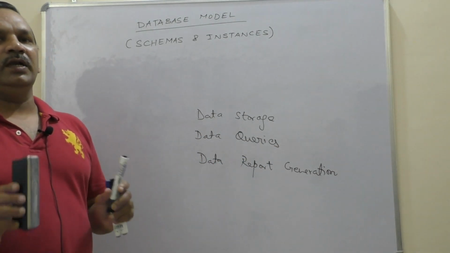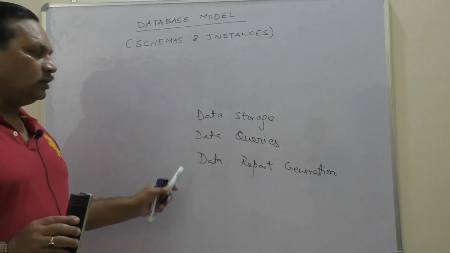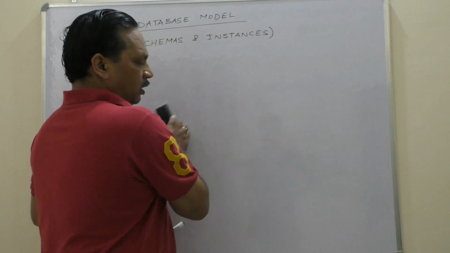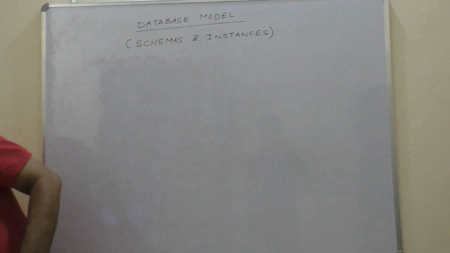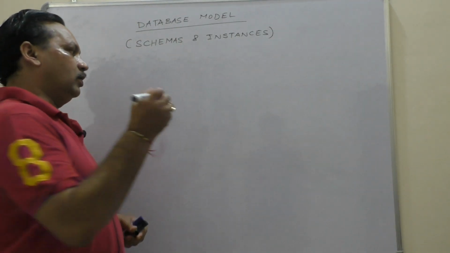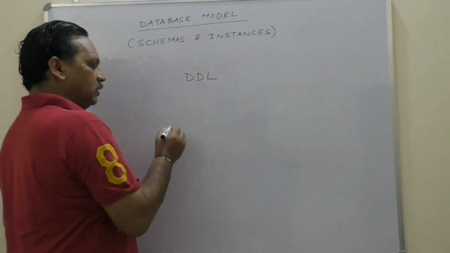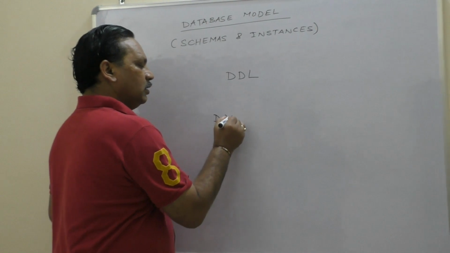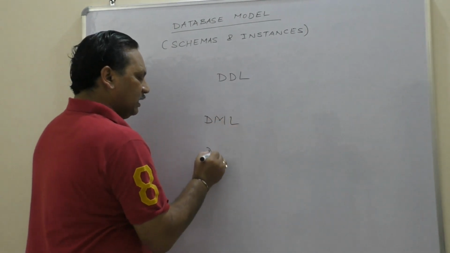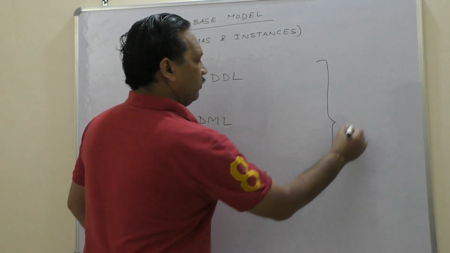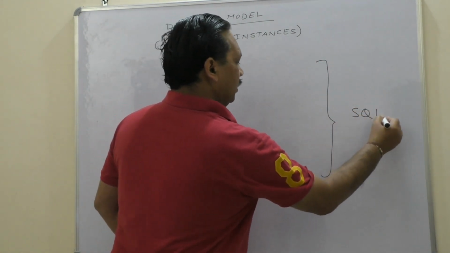Now one thing is very clear, that for doing all these operations you should first know what the different database languages are. We have a set of commands called DDL commands, DML commands, DCL commands, which are used in any database query language we call SQL.